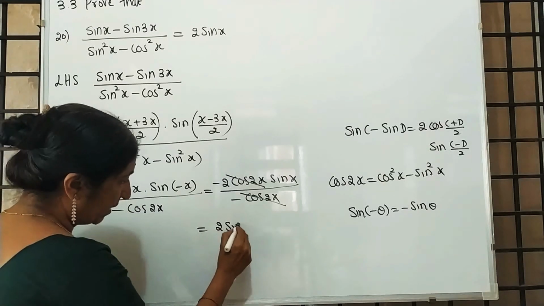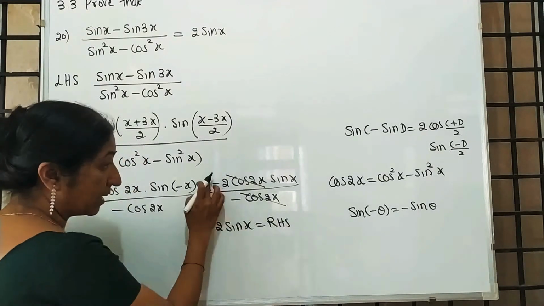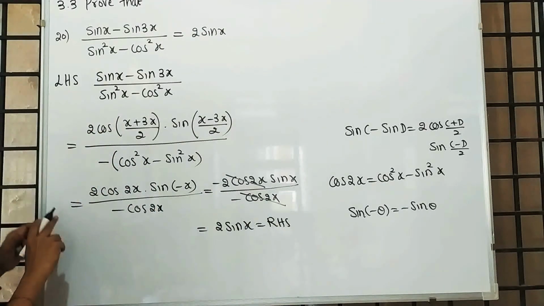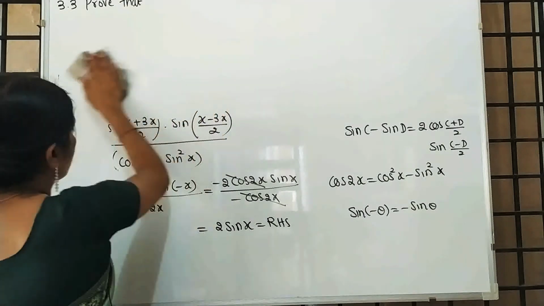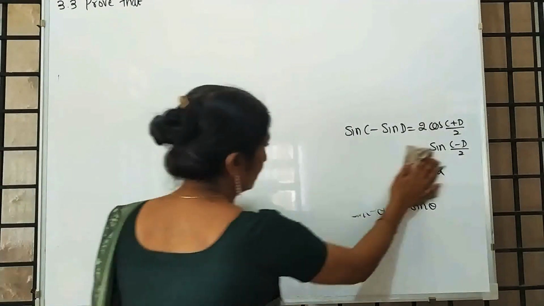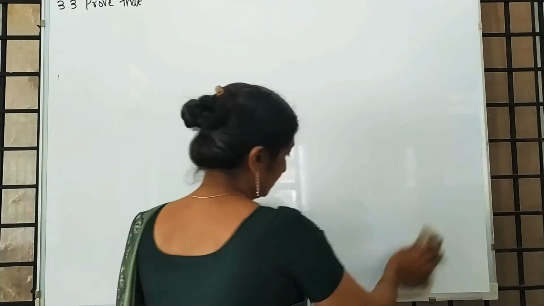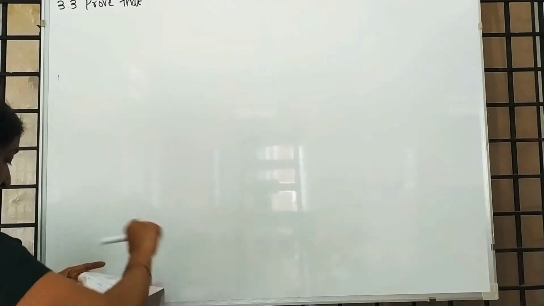What is remaining? 2 sin x is remaining. Remember, these minus get cancelled. That is the required answer. Moving to the next question, that is question number 23.